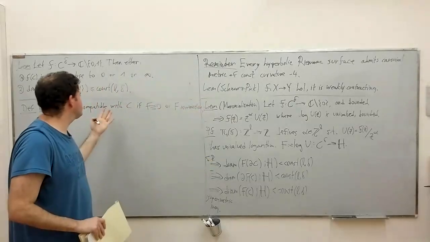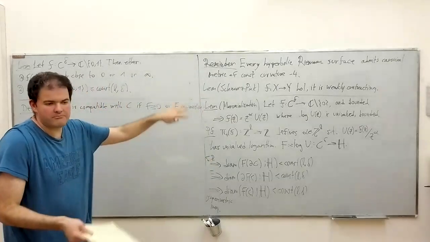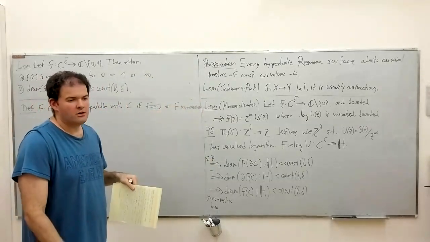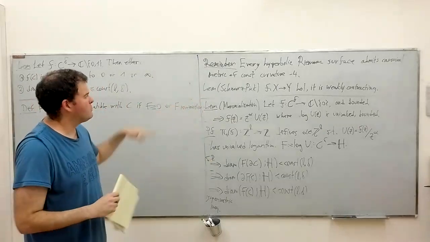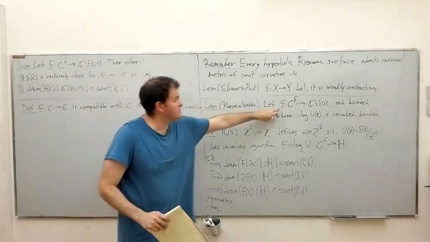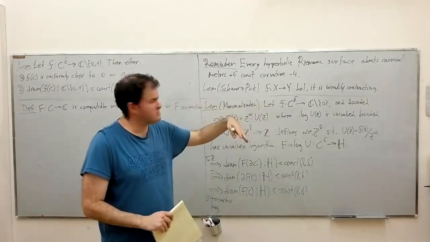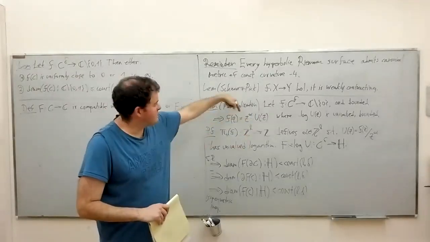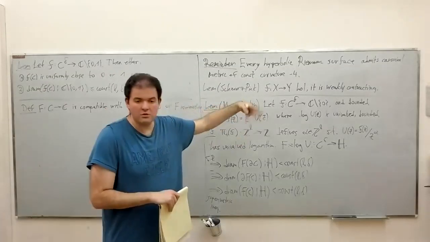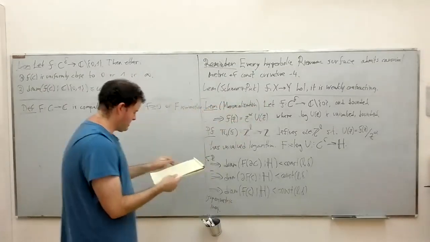So for a function to be compatible with the cell, it should either identically vanish, or it should have no zeros. When it has no zeros, it's this kind of thing that we have in the monomialization. If a function has no zeros, then it can be monomialized, and you get a monomial times a unit, like in the preparation theorems.